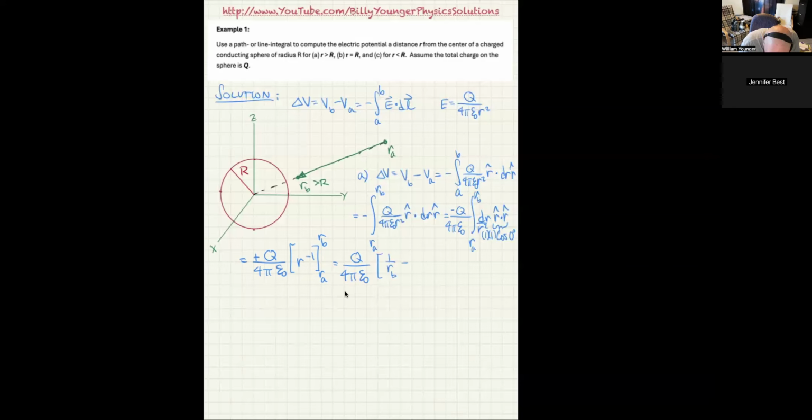Now, here's the part where I do the limit. I'm going to take the limit as RA approaches infinity of 1 over RA, like that.